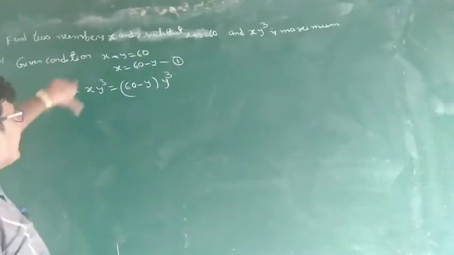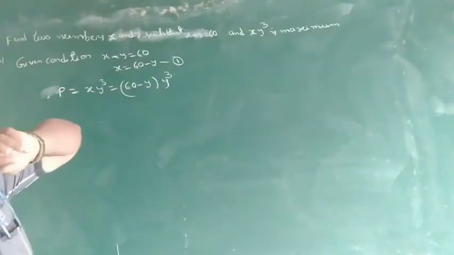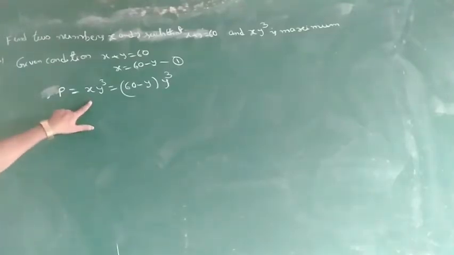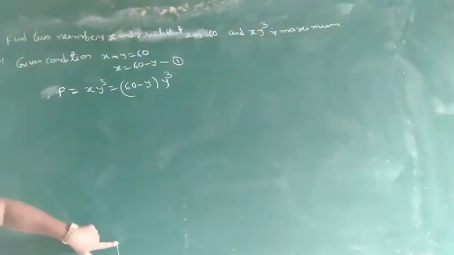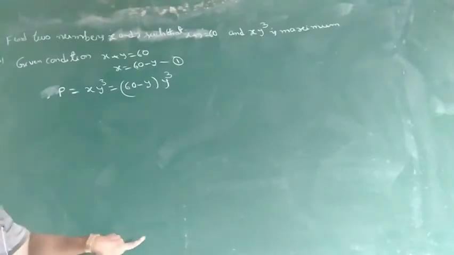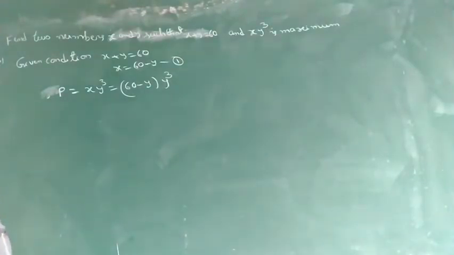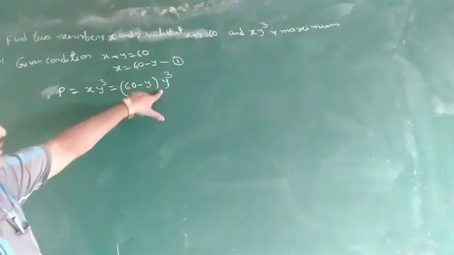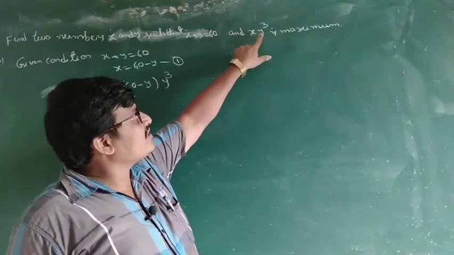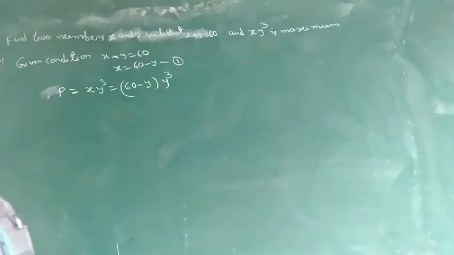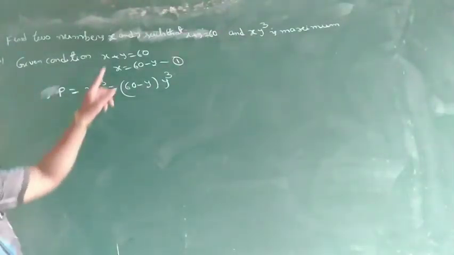Why did we take y in terms of x there? Because we could find the first x value or y value, any value. But here, taking x in terms of y makes the calculation easy and the problem simple to solve.